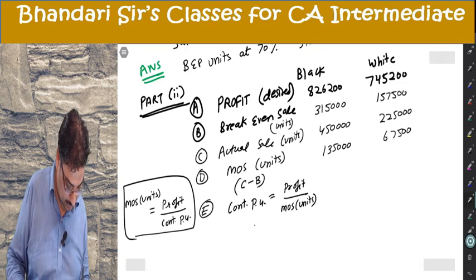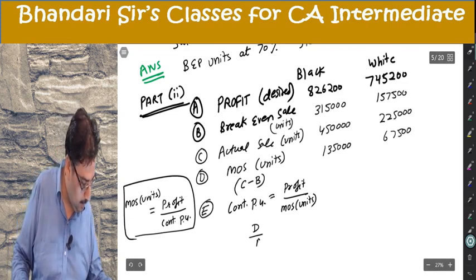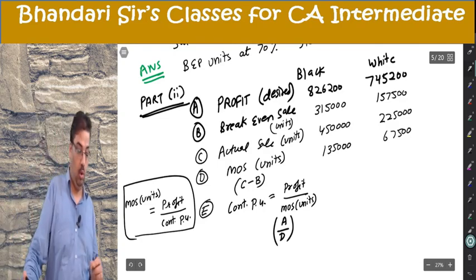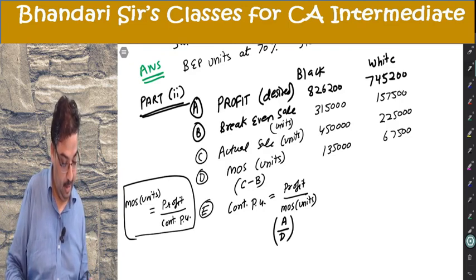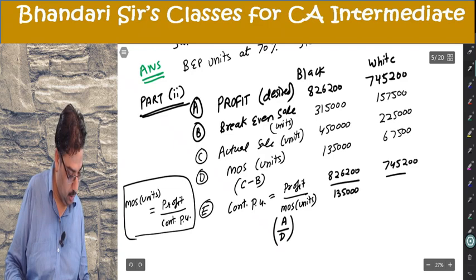This I can write as A divided by D. So contribution per unit I will be able to compute from there: profit divided by MOS in units. 826,200 divided by 1,35,000, and 745,200 divided by 67,500.